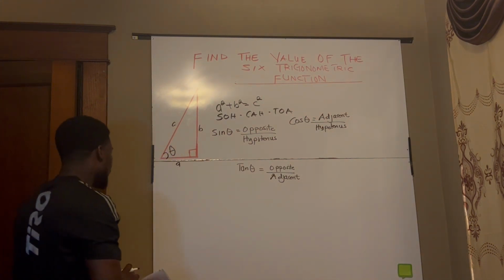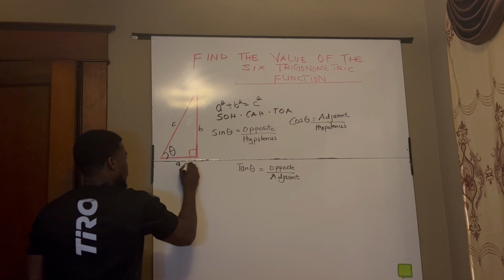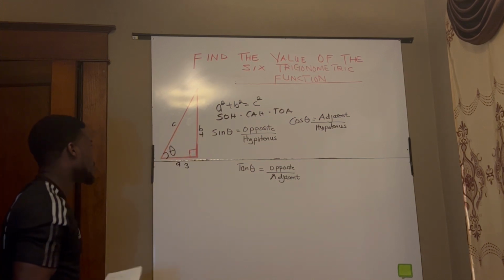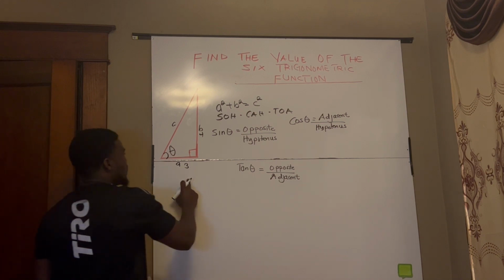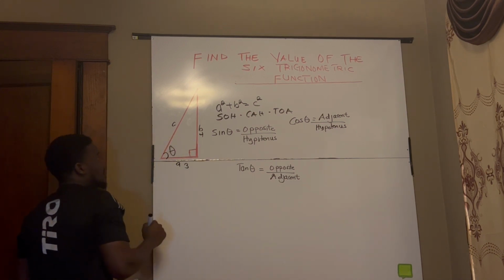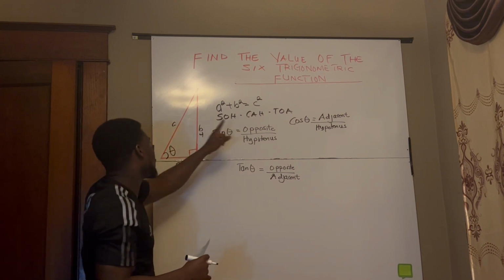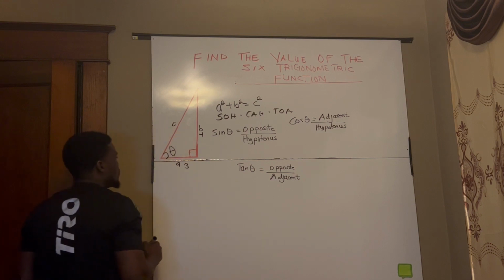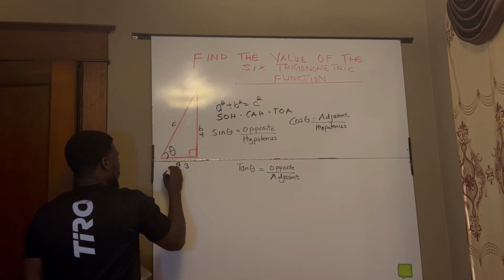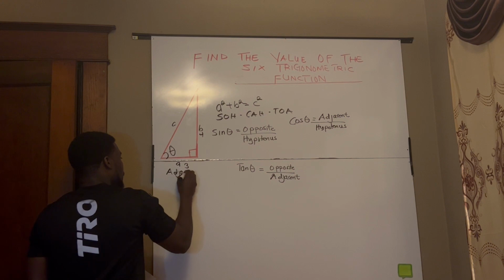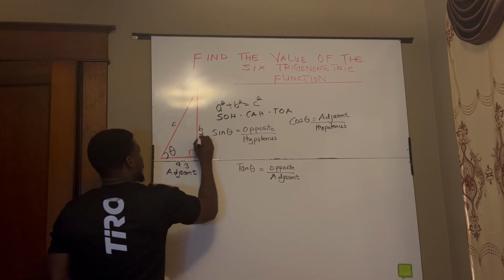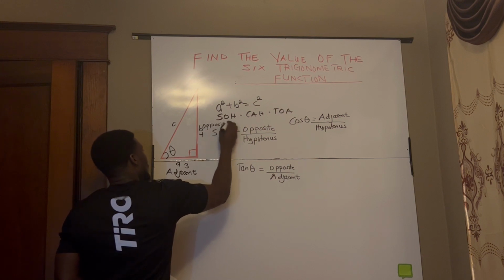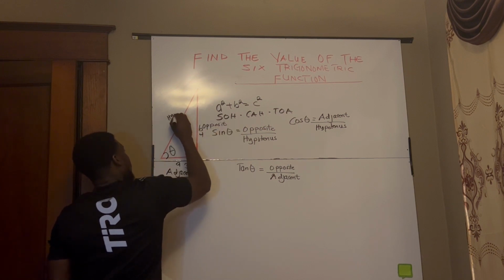So let's give this one a 3 and this one a 4, and let's get our hypotenuse. In order for us to get it, we use a squared plus b squared is equal to c squared. This one here is going to be our adjacent, this is going to be our opposite, and this is going to be our hypotenuse.